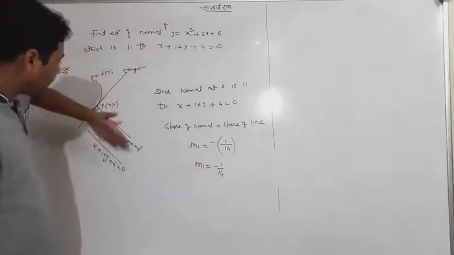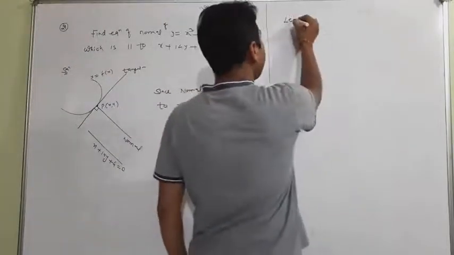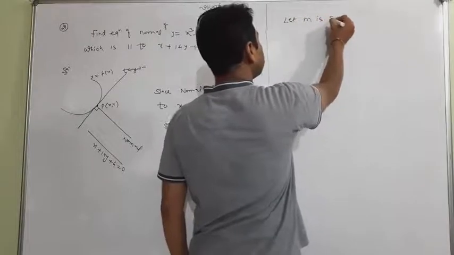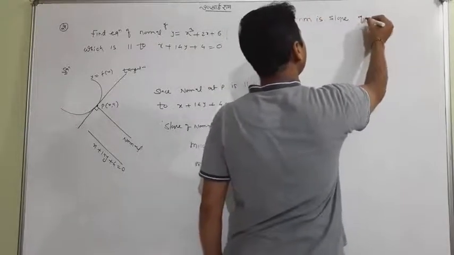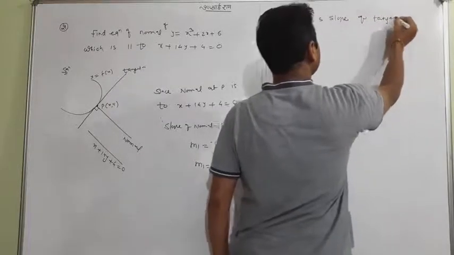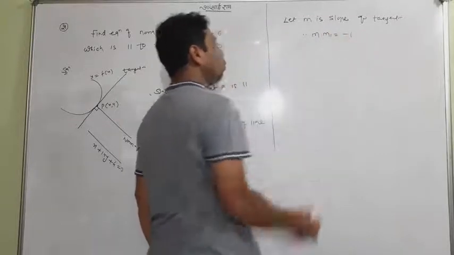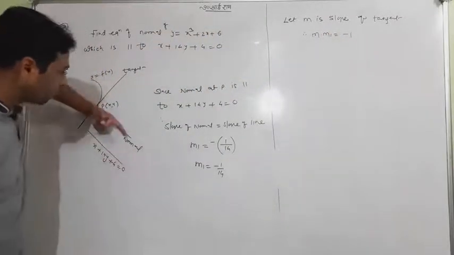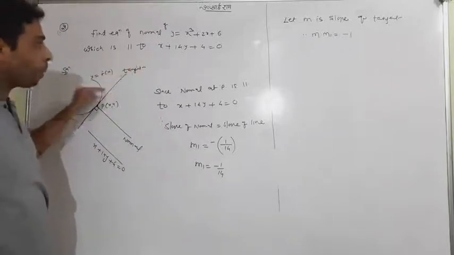Now simply, this normal and this tangent are perpendicular. Let m be the slope of the tangent. So students, one can easily understand that m into m1 equal to -1. The slope of the normal is m1 and the slope of the tangent is m, and these two are perpendicular.